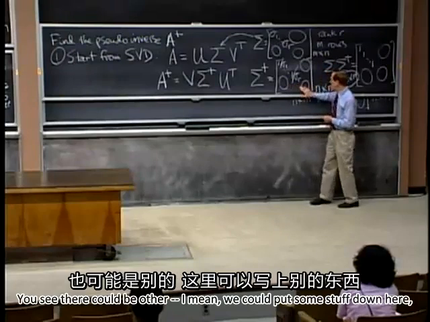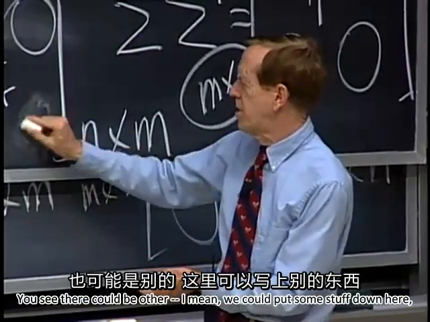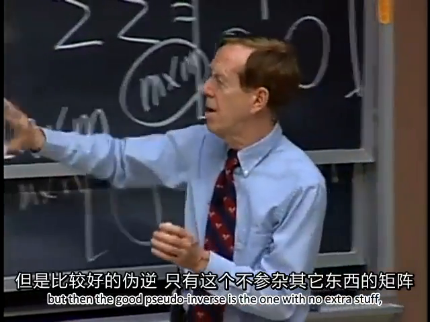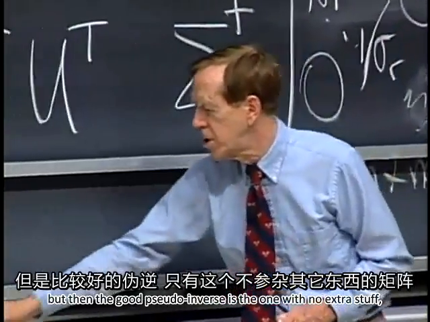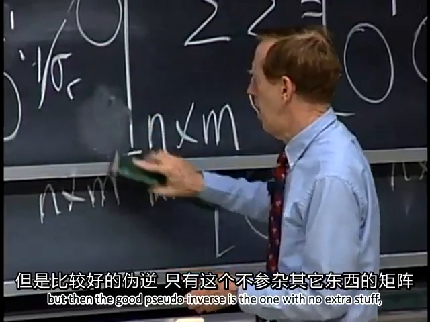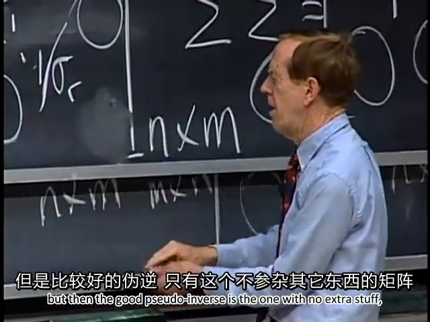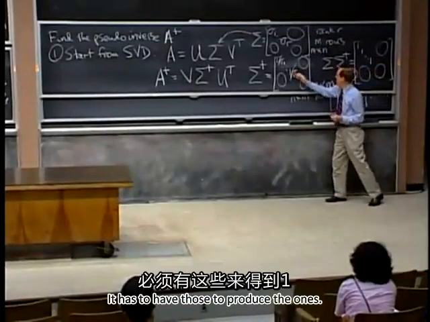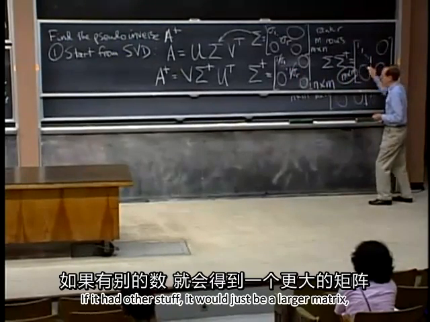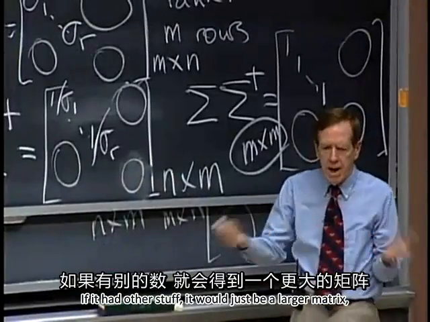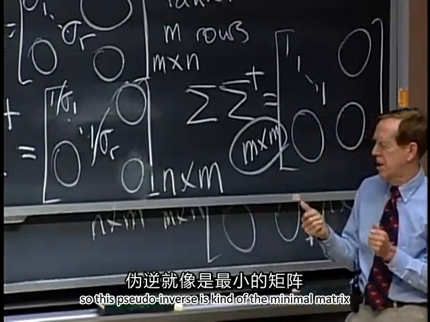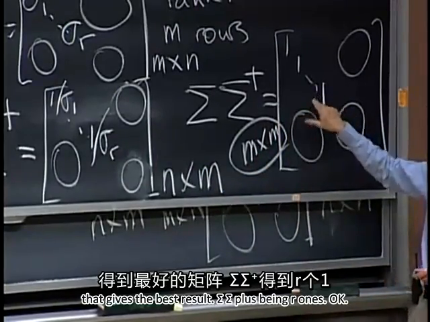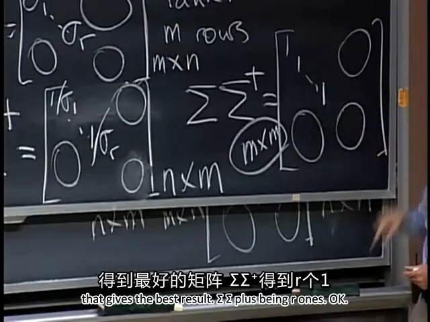We could put some stuff down here, it would multiply these zeros and wouldn't have any effect, but the good pseudo-inverse is the one with no extra stuff. It's as small as possible. It has to have those to produce the 1s. If it had other stuff, it would be a larger matrix. So this pseudo-inverse is the minimal matrix that gives the best result, sigma sigma plus being r 1s.